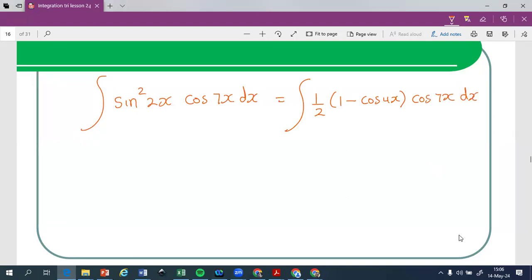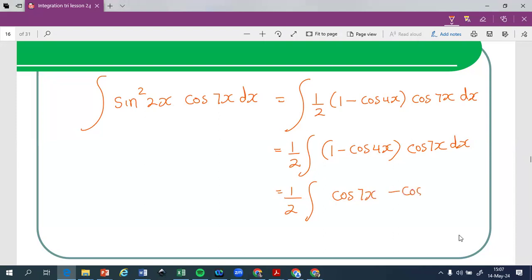Then you can open up your bracket, but this half being common and multiplying, I can pull it out. So I have 1 minus cos 4x into cos of 7x dx. When you open up the brackets, you have a half integral of cos 7x minus cos of 4x cos of 7x, everything dx.